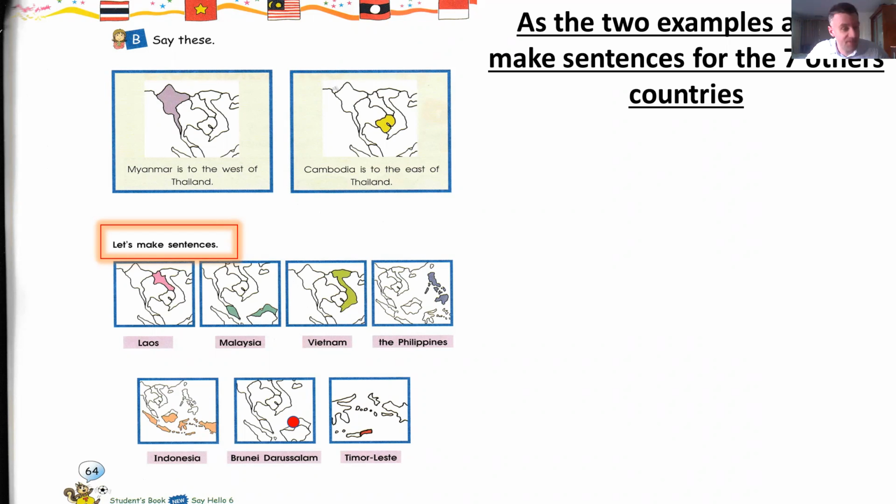Let's make sentences with the other countries like Laos, Malaysia, Vietnam, the Philippines, Indonesia, Brunei Darussalam, Timor-Leste. As the two examples above, make sentences for the other countries. So try to make sentences like the two examples, and after that we will check the answers.